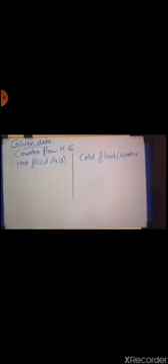The tube side heat transfer coefficient HI is given as 65 watt per meter square Kelvin, and HO is given as 200 watt per meter square Kelvin. Density of air is 2.85, and Cp, specific heat at constant pressure for air, is 1.005 kilojoule per kilogram Kelvin. This is the question, and first we write the given data.